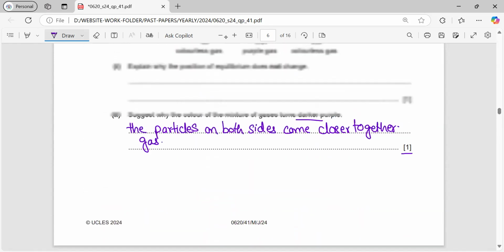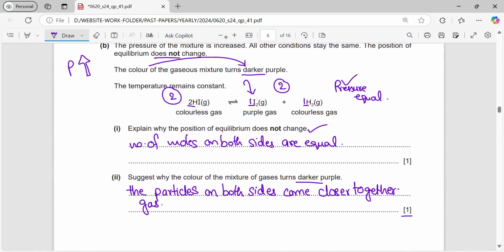The temperature of the mixture is decreased and the solution is turning lighter. It means that when we are decreasing the temperature, the system is moving backwards. So when the system is moving backwards, it means that the backward side has more heat.